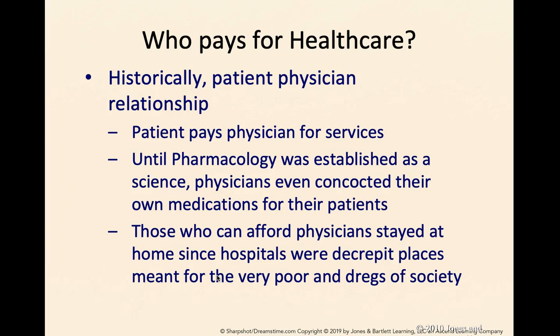These are also the rich people who can afford physicians. So a lot of people would actually go to almshouses or poorhouses that were the precursors of the hospitals. And nobody went there if you had money, because you basically end up getting sicker. So what we need to remember about this arrangement is that there are two parties here, the patient and the physician.